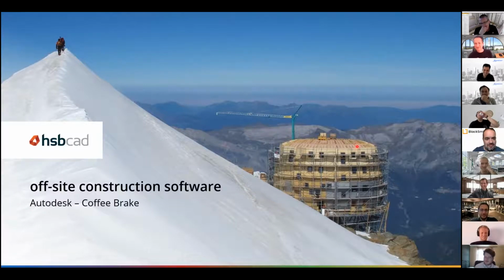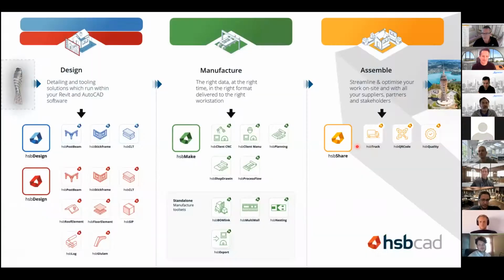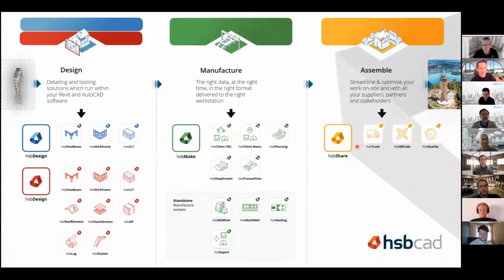So hsbcad, we're an offsite construction software company. We do a range of 3 different products for design, manufacturing, and assembly. For design, we have applications or plugins for Revit and AutoCAD Architecture. We do a range of modules for them, such as CLT, stick frame, post and beam, SIPs, glulam, or even log construction.